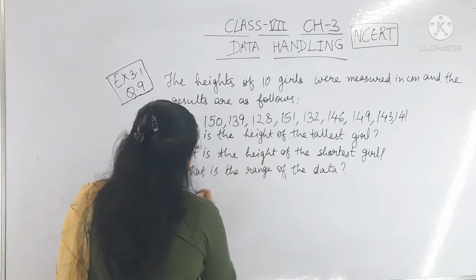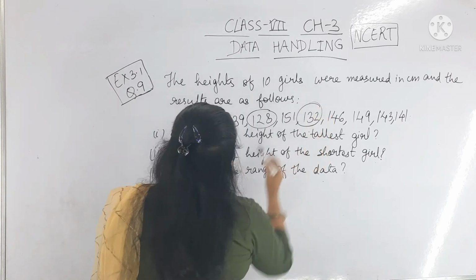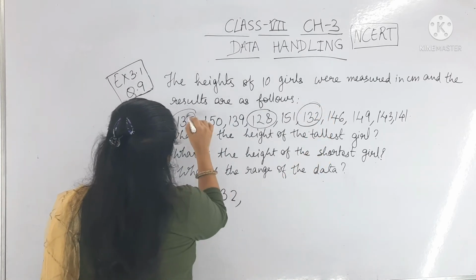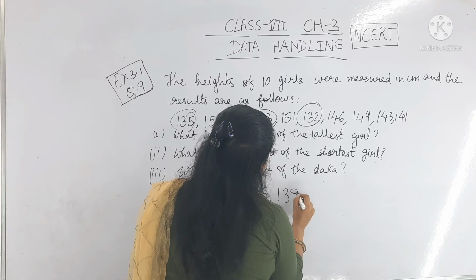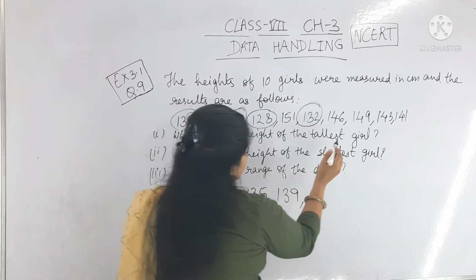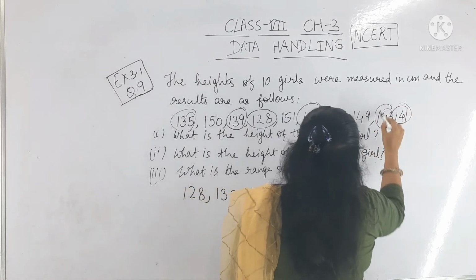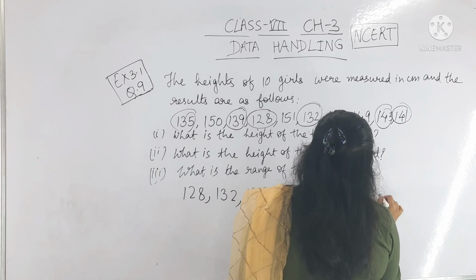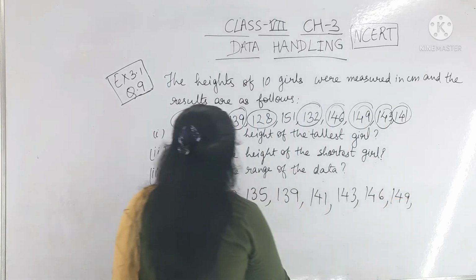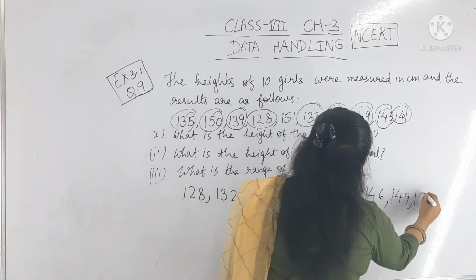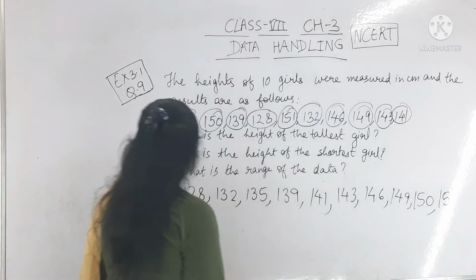So here you can see this is the smallest one, 128, then 132, then 135, then 139, then 141, then 143, then 146, then 149, then 150, then 151 is the last. So you can see that it is smallest to biggest.